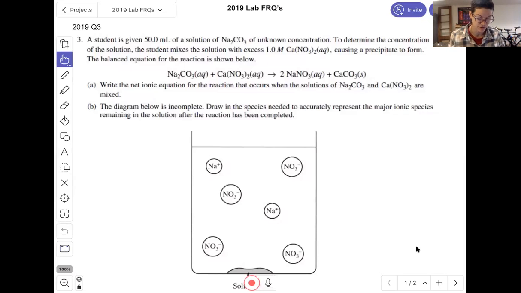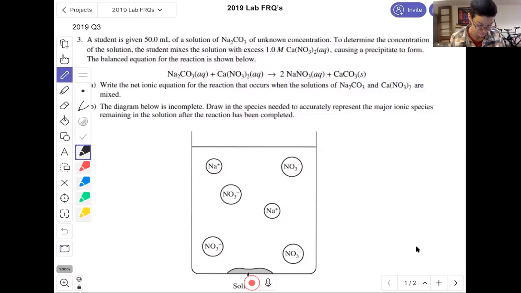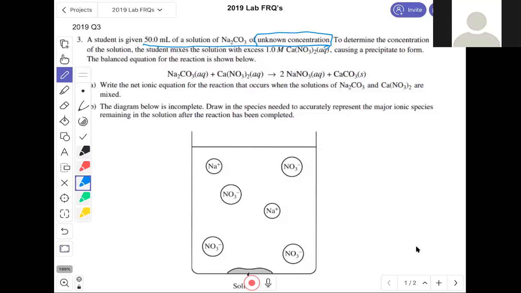But they start off by saying, a student is given 50 milliliters of a solution of unknown concentration. Clearly if the concentration is unknown, you can already guess that at some point they're going to ask you to figure that out. That's kind of the whole point.